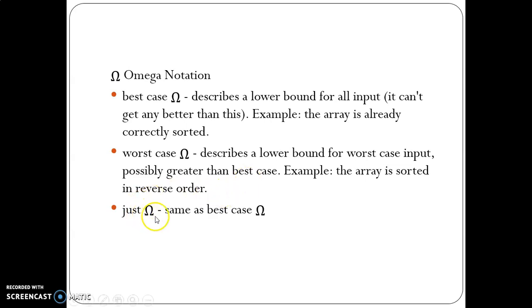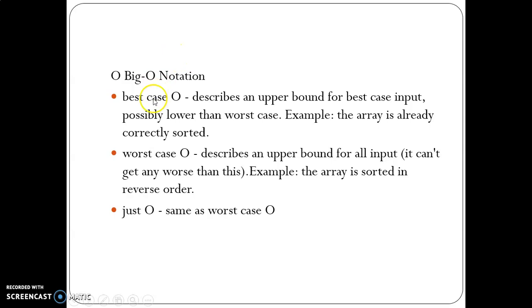And in case of the average case complexity, it will mean the same as the best case. Then big O notation, if we are using the best case big O notation, then it is describing the highest time the best case will be taking. It cannot take more time than the given time which we are claiming.